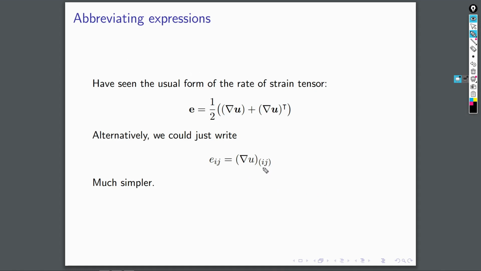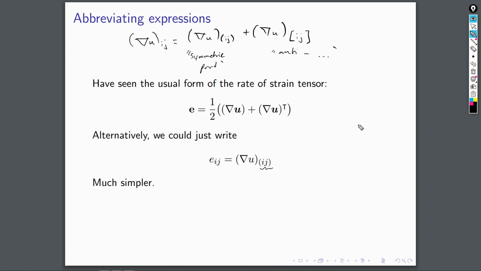So instead you can use this abbreviation: del u_ij is equal to del u_(ij) plus del u_[ij]. This is called the symmetric part, and this is the anti-symmetric part. It makes it so we can write things much shorter, which is nice.